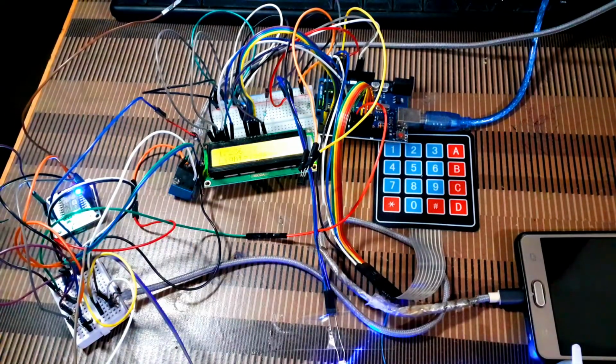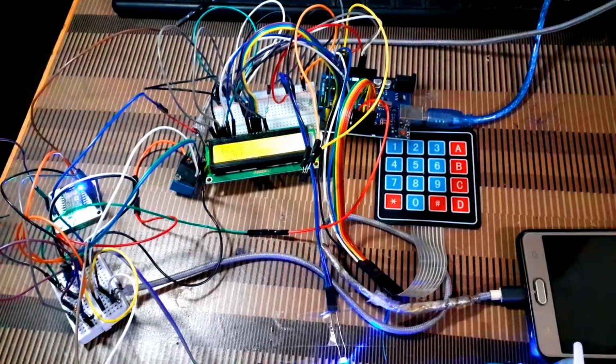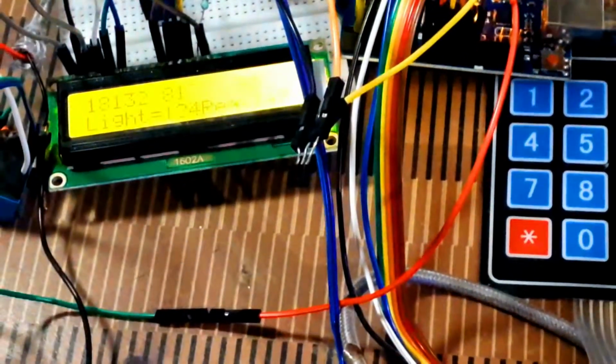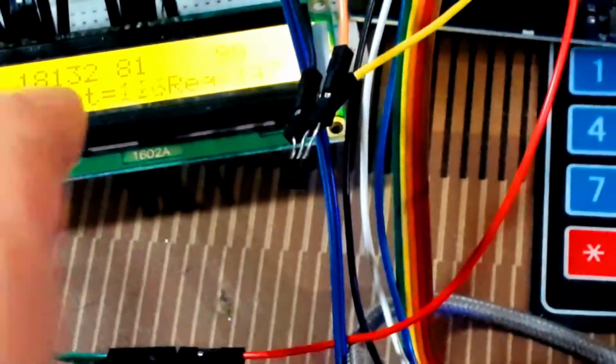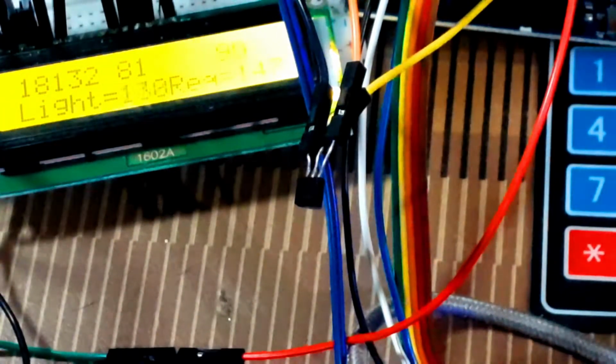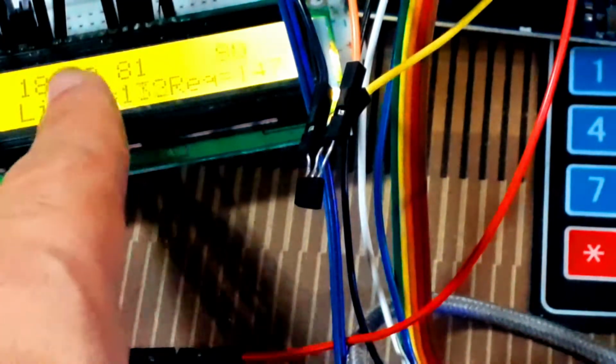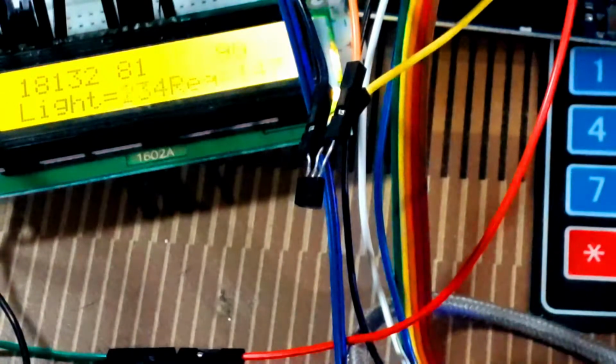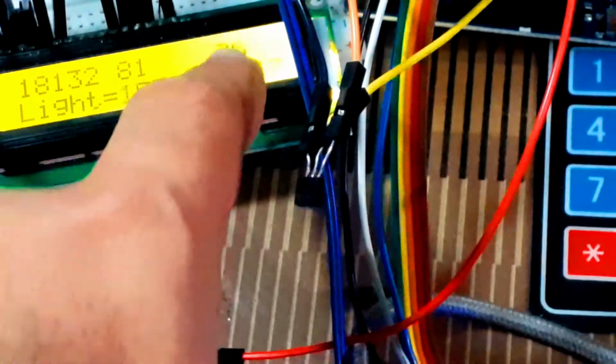The data that is being transferred is the mean light, the mean over a 30 second period, then 32, which is the temperature over 30 seconds, and 81, which is this PWM command over 30 seconds.